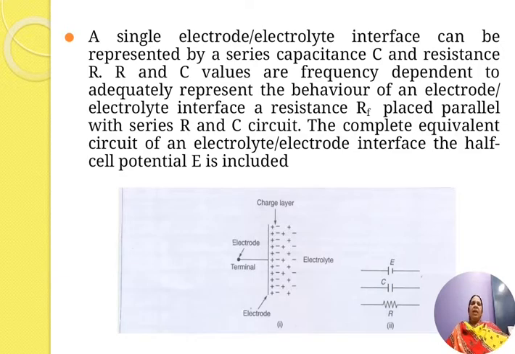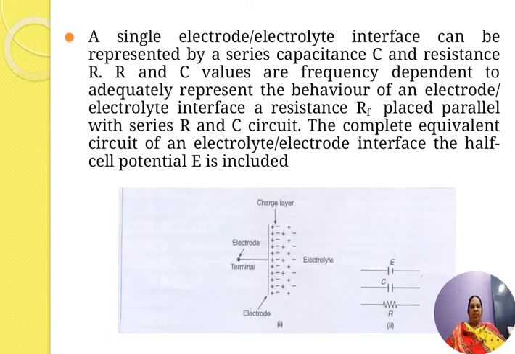Then the equivalent circuit. The equivalent circuit of a bioelectric potential electrode, a single electrode on an electrolyte interface, can be represented by a series capacitance C and resistance R. R and C values are frequency dependent. To adequately represent the behavior of an electrode or electrolyte interface, a resistance Rf is placed parallel with the series R and C circuit.